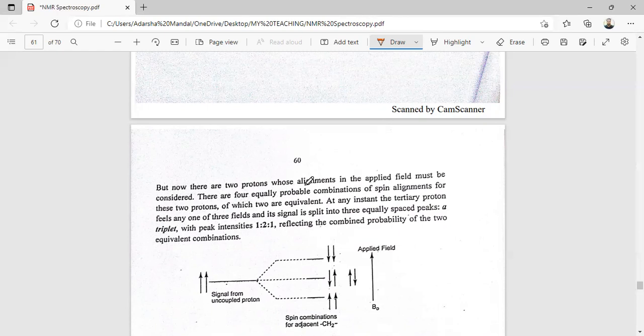There are four equally probable combinations of the spin alignment for these two protons, of which two are equivalent at any instant. Thus, the tertiary proton feels one of three fields and gives a signal with three peaks, a triplet with peak intensity 1:2:1, reflecting the combined probability of the two equivalent combinations.